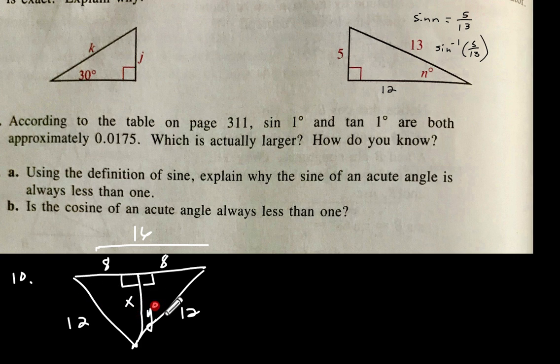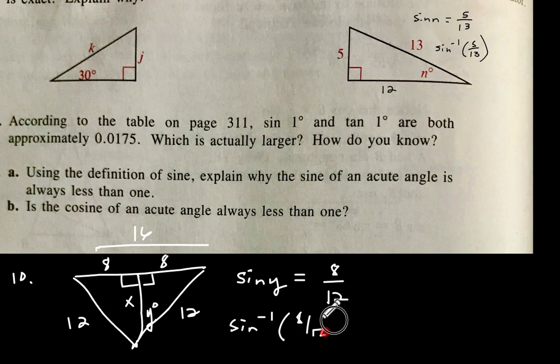So we're going to have to get this y degrees first. So we're going to say, what do we have here? We have the hypotenuse, we have the opposite. So we would say the sine of y equals the opposite, which would be 8 over 12. So we would do the inverse sine of 8 over 12.